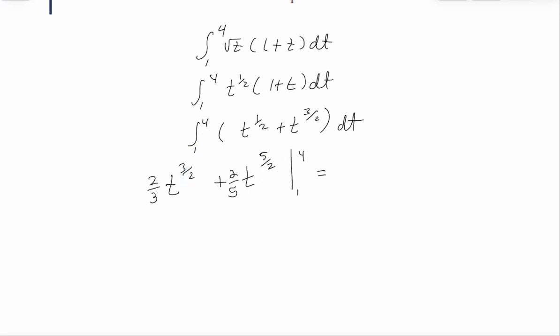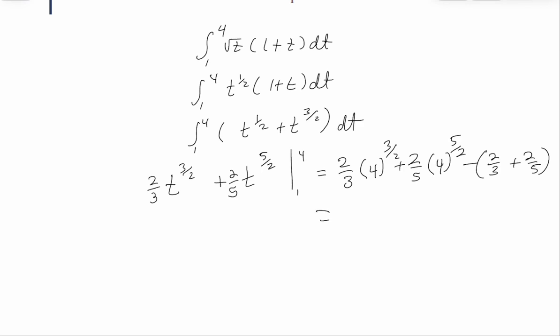Okay. So if I stick in 4, I get 2/3 times 4 to the 3/2 plus 2/5 times 4 to the 5/2 minus, and put in parentheses your lower bound. So it's 2/3 times 1 and 2/5 times 1. Anything, 1 to any power is always just 1.